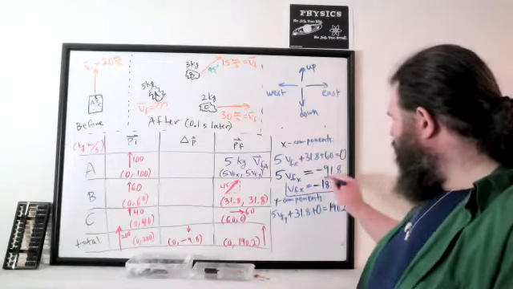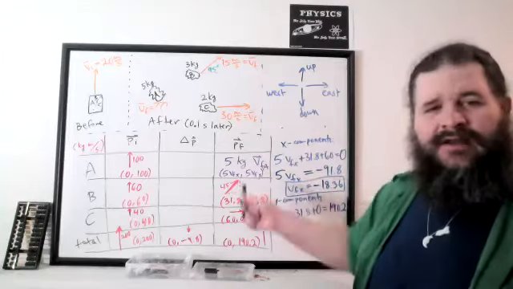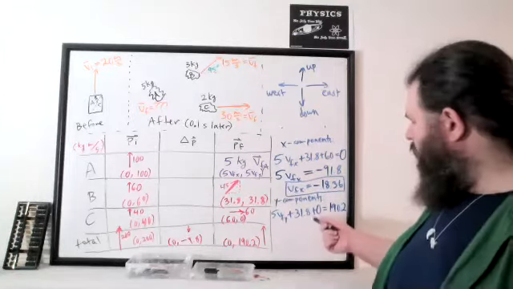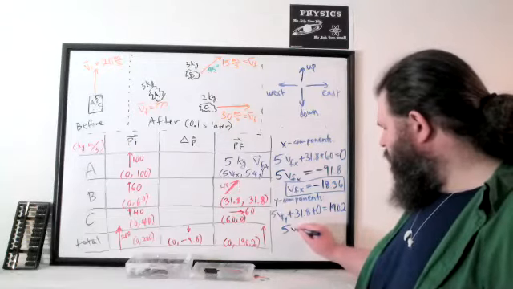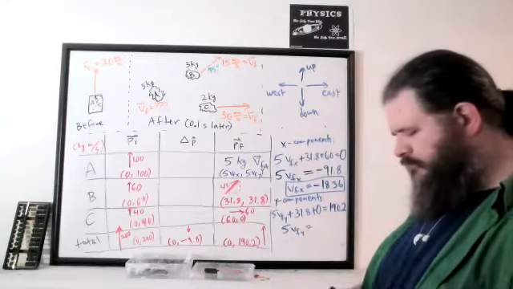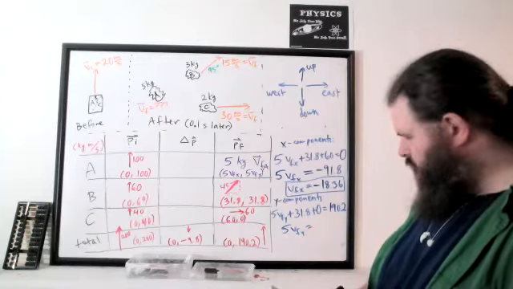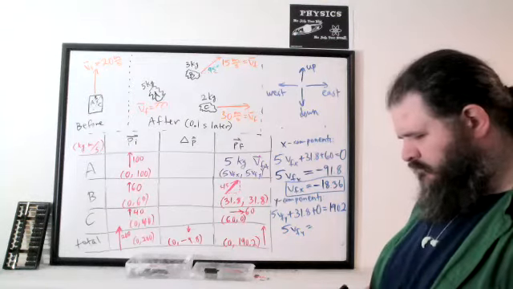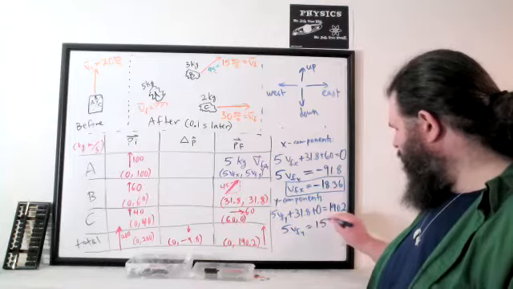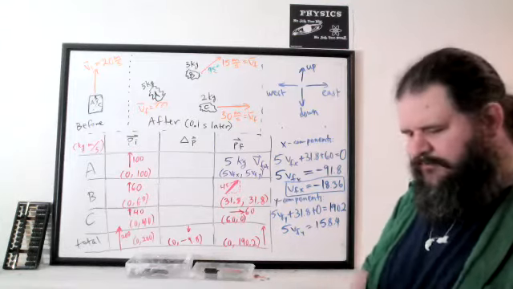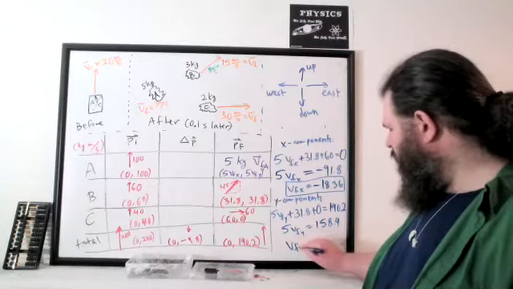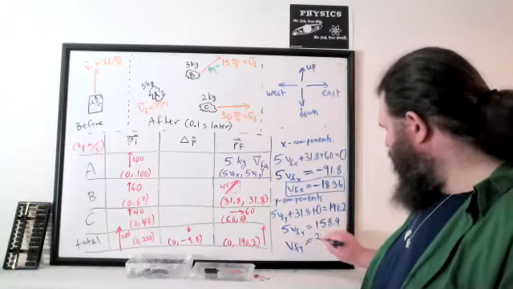So that's the final x component of the velocity of object A. And then likewise for the y component, we can subtract 31.8 from both sides, and you get 158.4. And then divide that by 5. So v final in the y direction is 31.68.